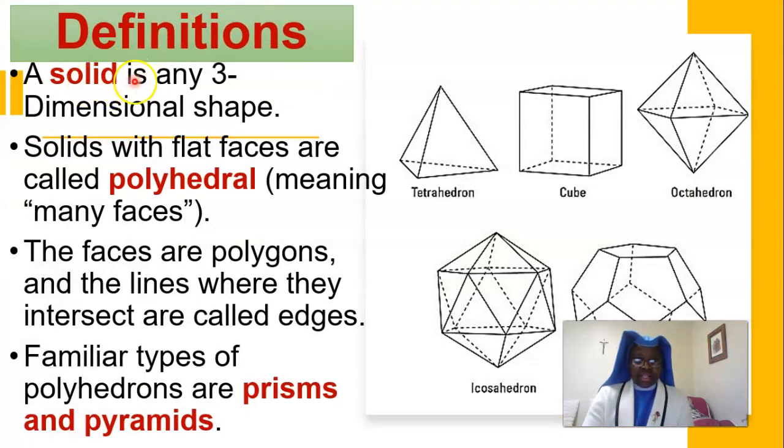Like I said, a solid is any three-dimensional shape, 3Ds, like these. It has length, width, and height or breadth. Well, solids with multiple flat faces, where all the faces are flat, you can lay them on the floor and they stand, they won't roll. They are called polyhedrons.